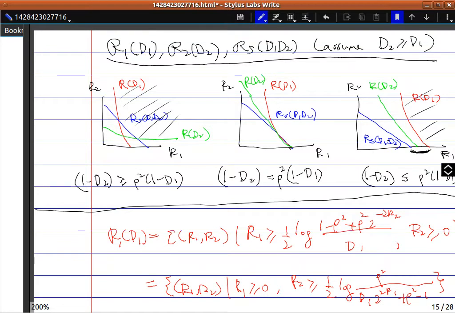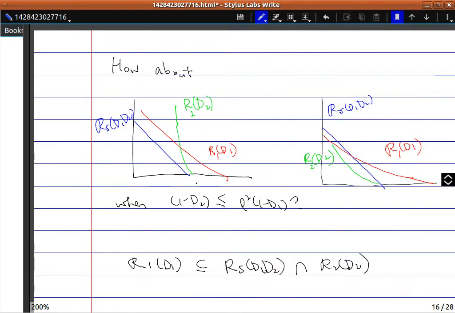But of course, if we just argue that based on the x-axis, it's also possible that the boundary of R1 D1 actually crosses over the boundary of R2 D2, or crosses over the boundary of RS D1 D2.